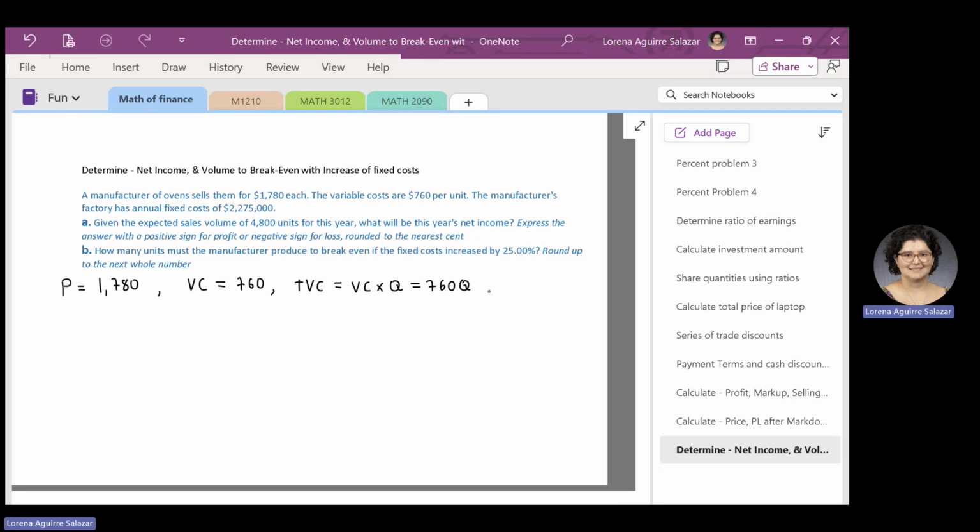Okay, the next variable I would like to talk about is fixed costs. So we have fixed costs, or FC in short, and those are costs that remain the same regardless of the number of items produced to sell. Here, fixed costs are given by $2,275,000.